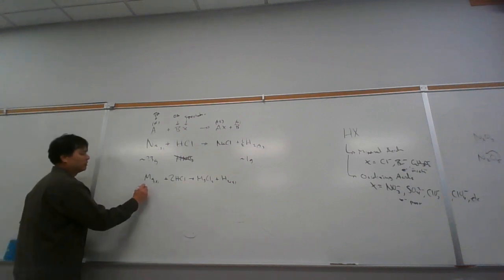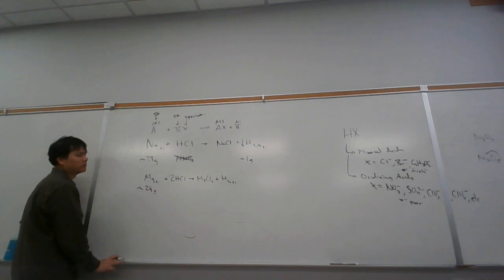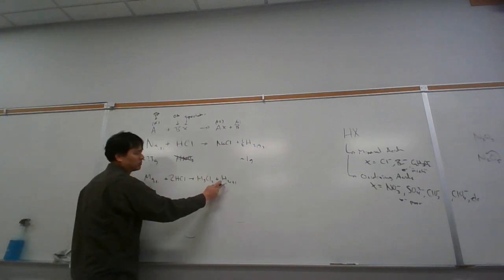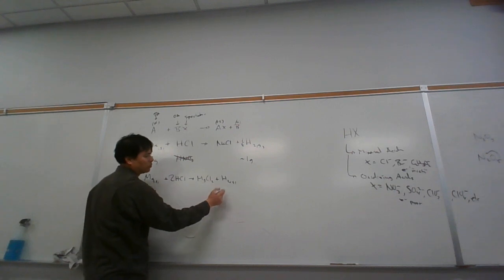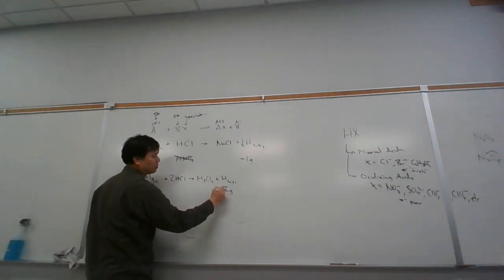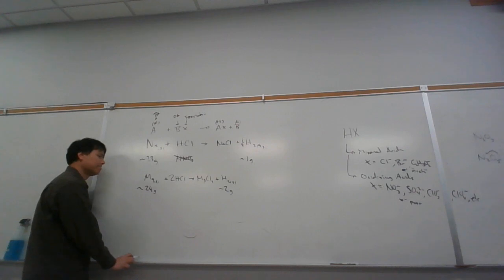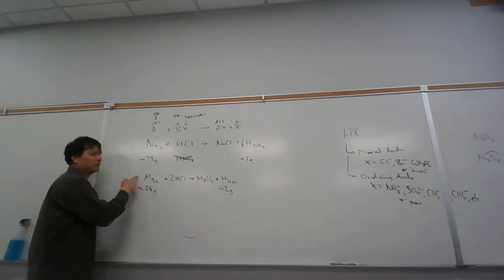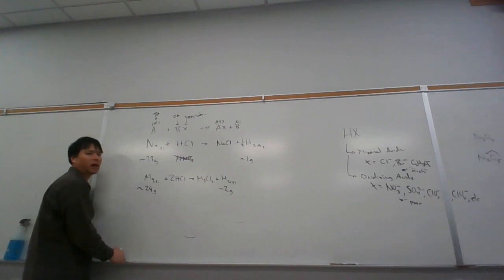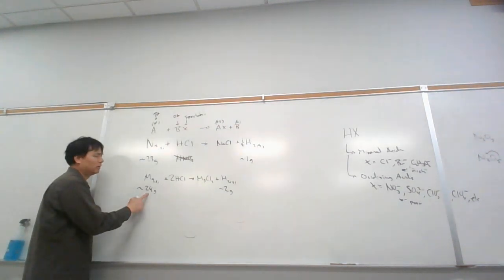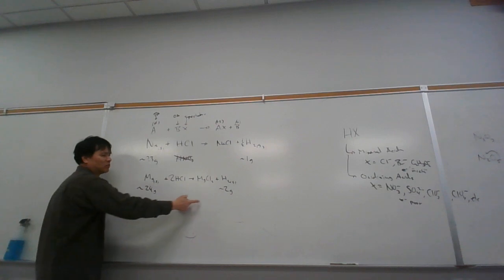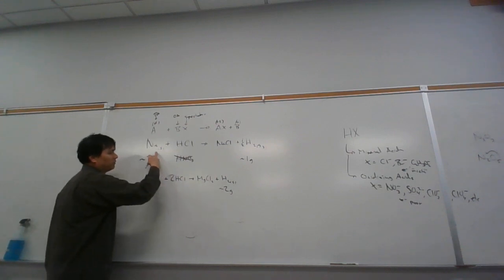And it's going to produce how much hydrogen? Well, rather than a half a mole of H2, it's going to produce a full mole. Each hydrogen weighs 1, so this is going to be about 2 grams. So per gram, which one produces more hydrogen? Magnesium. You're going to get about twice as much hydrogen from magnesium than from sodium.